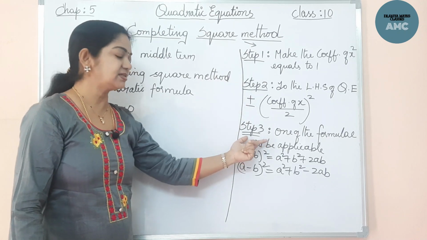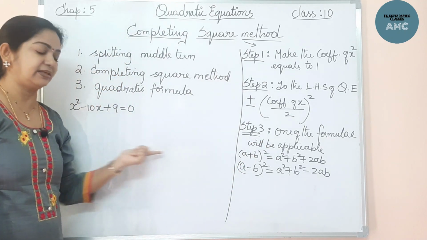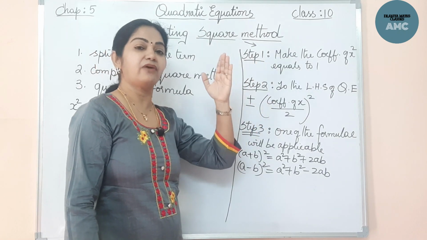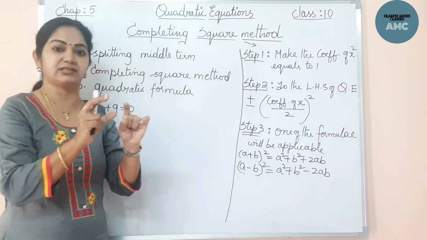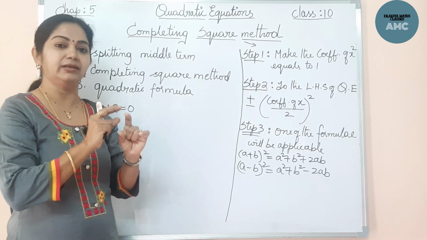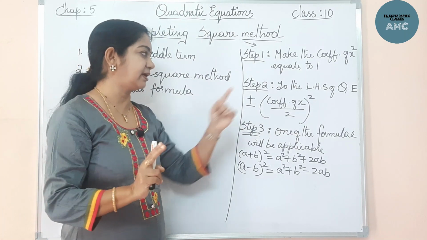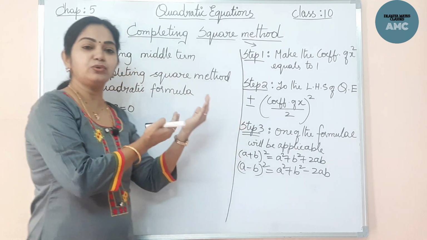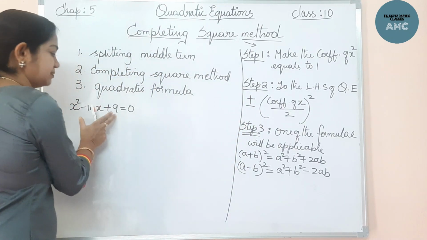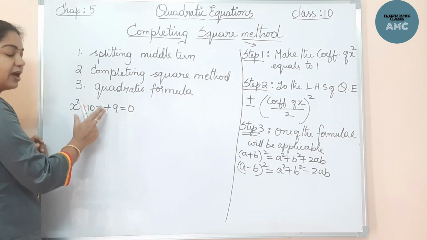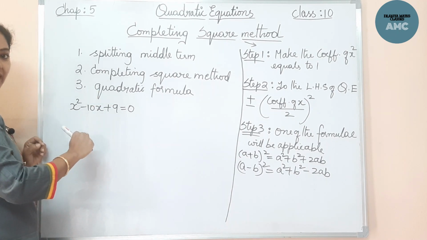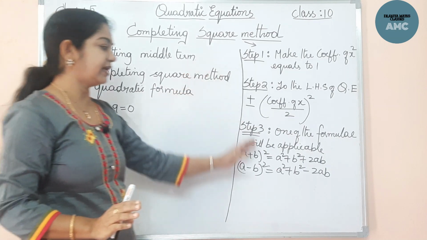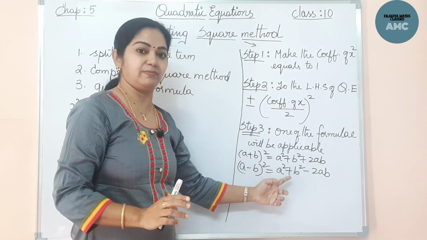The third step you can easily get from the formulae. The first step is to bring the coefficient of x square to 1 if it is not 1. The second and most important is to add as well as subtract the coefficient of x by 2 whole square to the LHS part of the equation. That's it. You will get one of the formulae applicable.